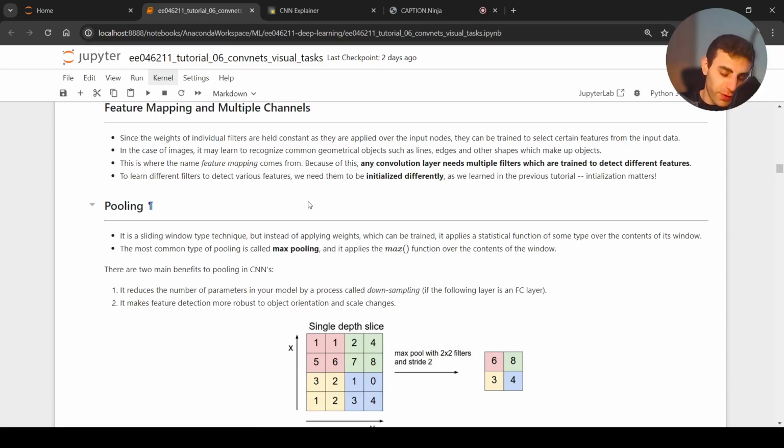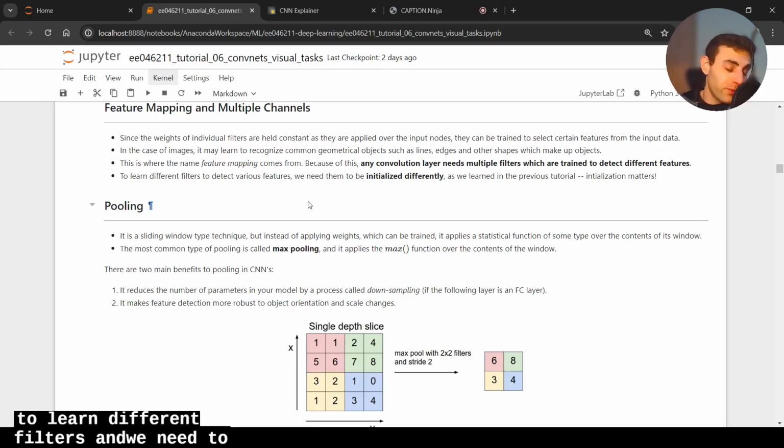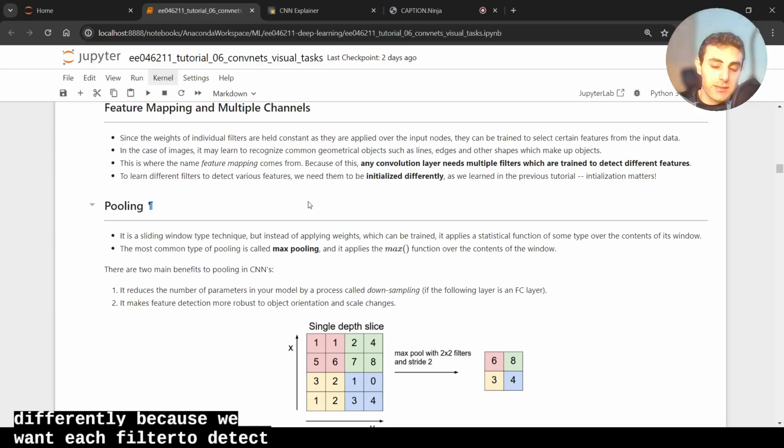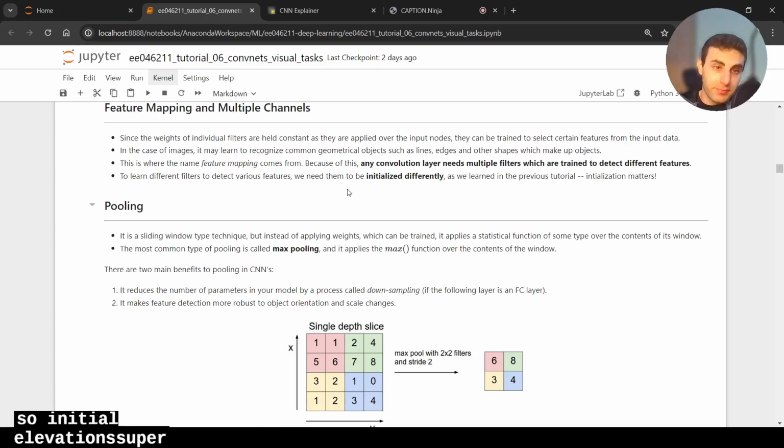As we learned in the previous tutorial, to learn different filters, we need to initialize them differently, because we want each filter to detect something else. We can't initialize them with the same weights because the training process is deterministic, and we want to learn different weights. So initialization is super critical here.